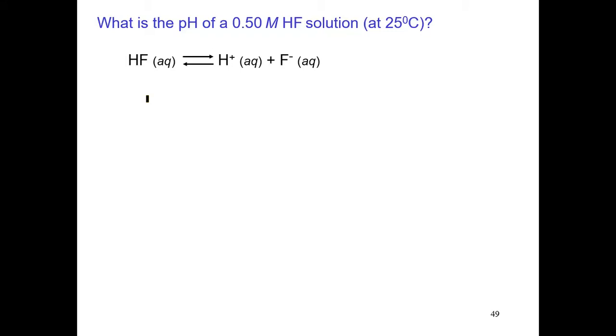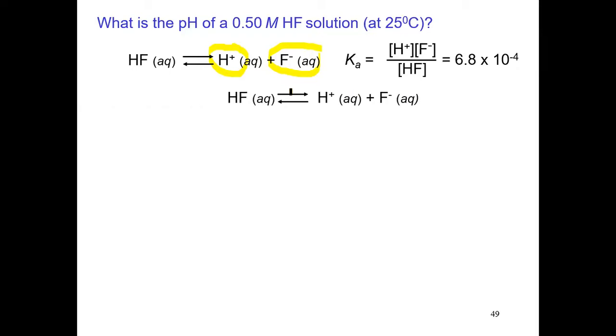We're doing a shortcut version here where instead of writing HF plus water, we're just showing the two ions that are produced. That way we can write our equation for the Ka this way, and we're going to look it up, and we find that the value is 6.8 times 10 to the negative 4. So let's write out the equation again.